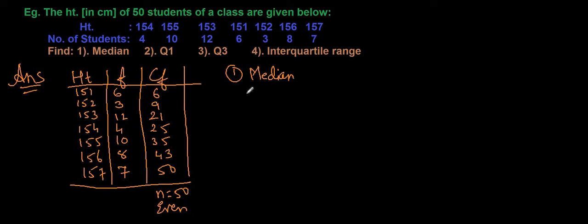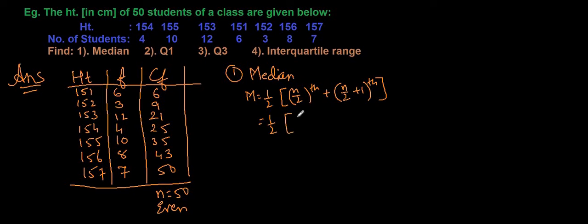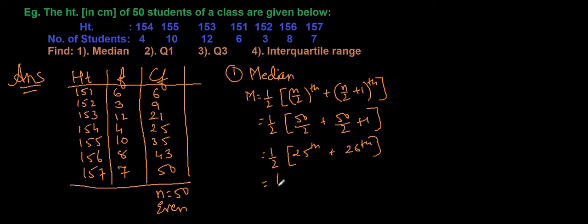So median M is equal to 1 upon 2 of the N upon 2 observation plus the N upon 2 plus 1th observation, is equal to 1 upon 2 of 50 upon 2 plus 50 upon 2 plus 1, is equal to 1 upon 2 of the 25th observation plus the 26th observation. 25 is not here, not here, not here, but here it is 25.